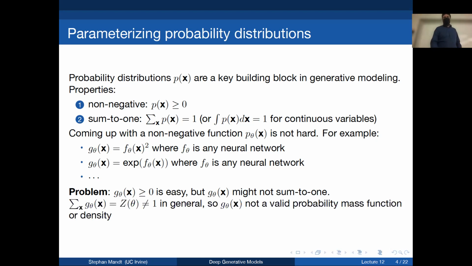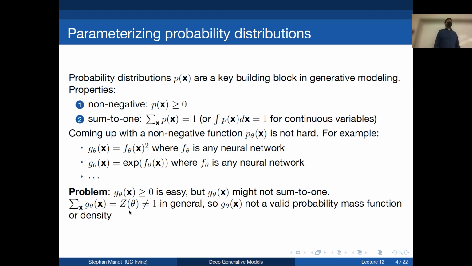As follows, we'll oftentimes talk about this object here, z of theta, which is the sum over some function that assumes data points as inputs, and we sum over all of the possible data points we can take as inputs. So the sum over all x of g of theta will be called z.